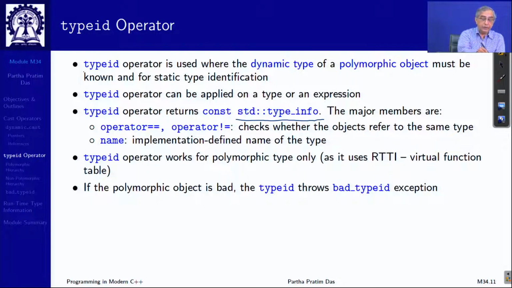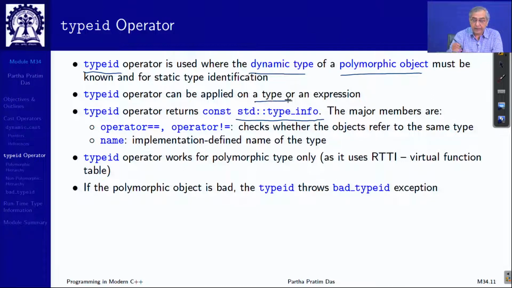So, it is used only for the dynamic type of polymorphic object, that is the basic target, because it cannot be used for the static type, because static type is compiler decided and static type information is not managed by the RTTI. So, there will be no information on that, but it is about the dynamic type where you have particularly polymorphic object is where you can get this typeid operator, to tell you in some way what is the type. Right.